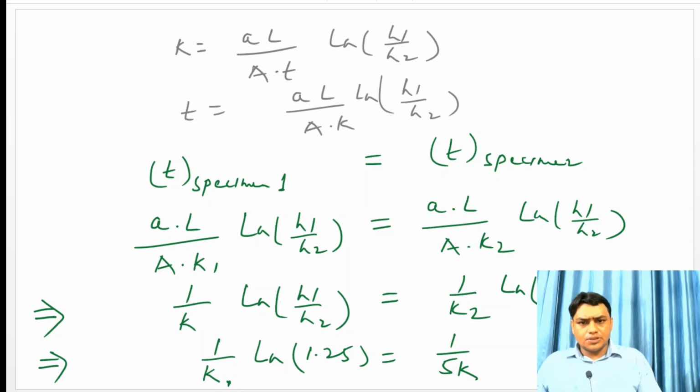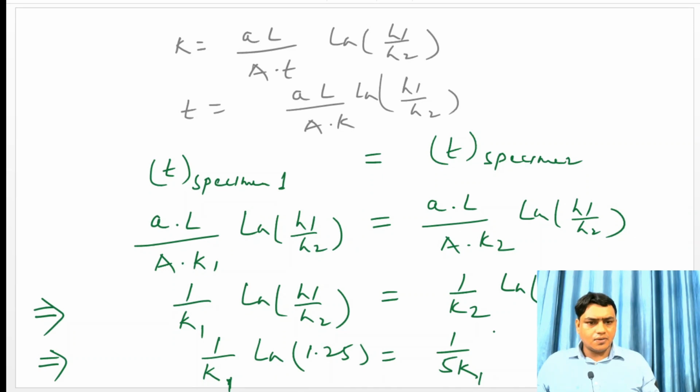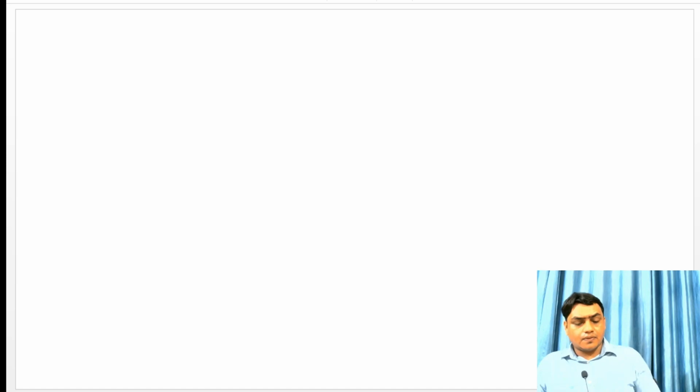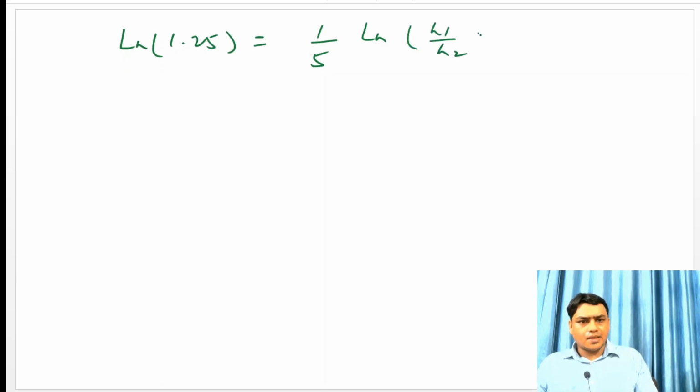So here K1 is cancelled, so ln 1.25 is equal to 1 by 5 ln H1 by H2.